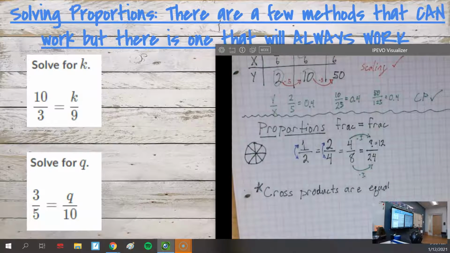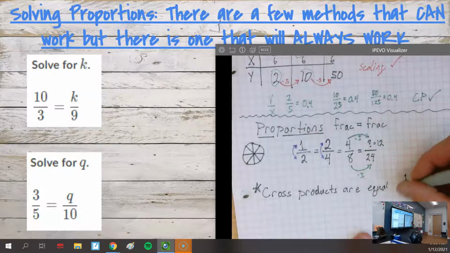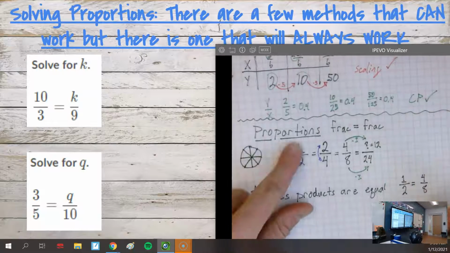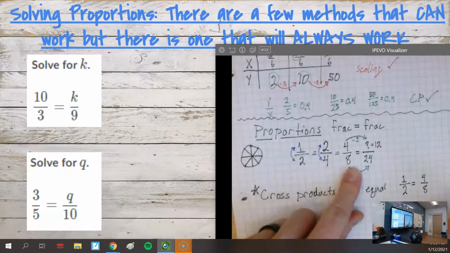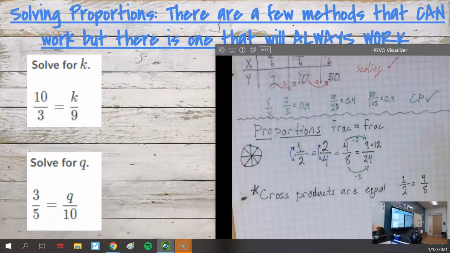And what I mean by cross products are equal, I'm going to set up our original proportion again. 1/2 is, actually I'm going to do 1/2 is equal to 4 over 8. I'm going to pull this first fraction and the third fraction we used. If we look at the cross products, that means we go diagonal, and product means we do what? Multiply.